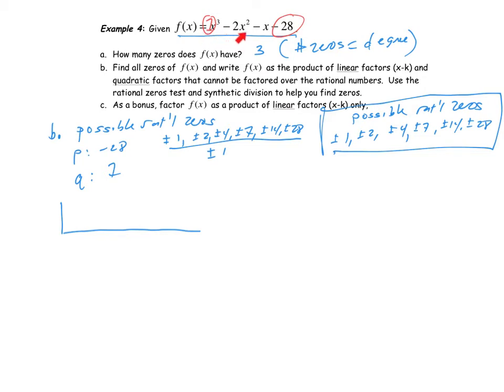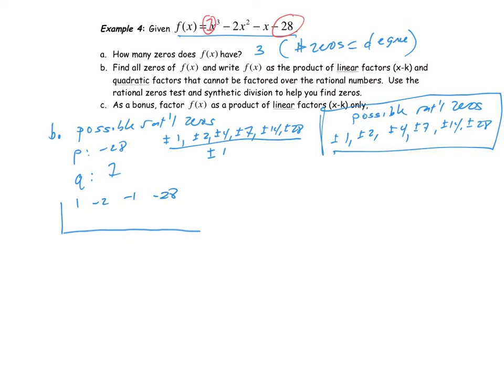So it's 1, negative 2, negative 1, and negative 28. And if we can find 1 zero, we'll be in good shape because we're starting with a third degree polynomial function. If we find 1, we can reduce the quotient to second degree, and then we'll be able to solve that. Okay, so I'm going to put the coefficients in. So those are going to be 1, negative 2, negative 1, negative 28. There's no missing terms, so we don't need any placeholders.